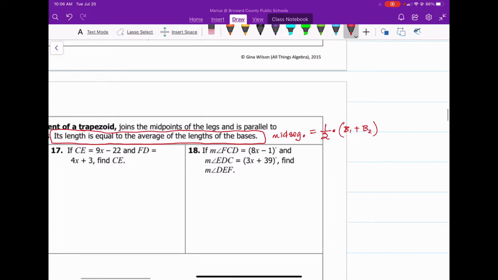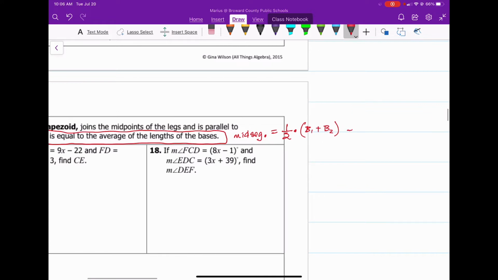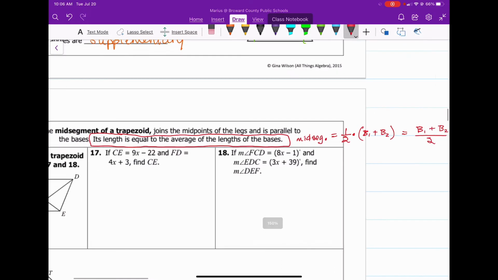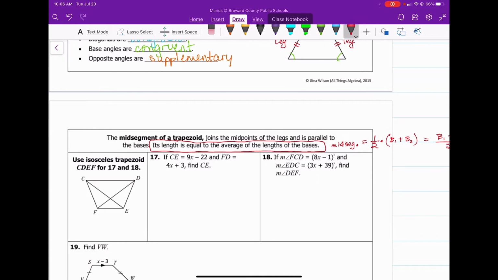Another way of looking at that, some people may write it as base 1 plus base 2 divided by 2. That's what all that nice talk means.